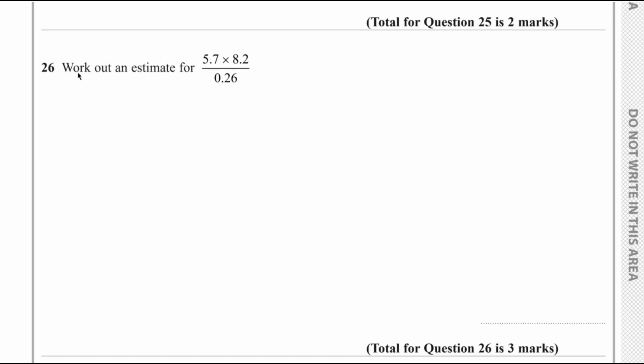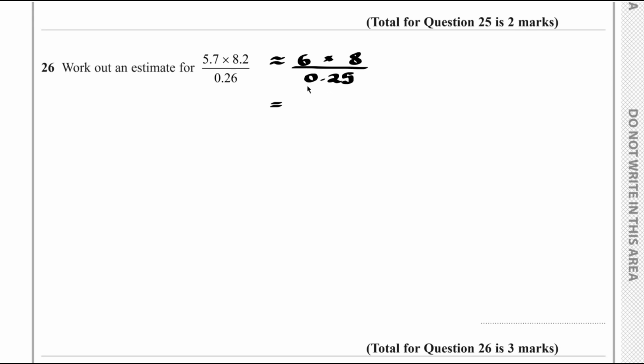Question 26. Work out an estimate for 5.7 multiplied by 8.2 divided by 0.26. So what this result is approximately equal to, well, the 5.7 I can round up to 6, and I multiply this by 8.2, which I can round down to 8, and on the bottom I've got 0.26, which I can round down to 0.25.